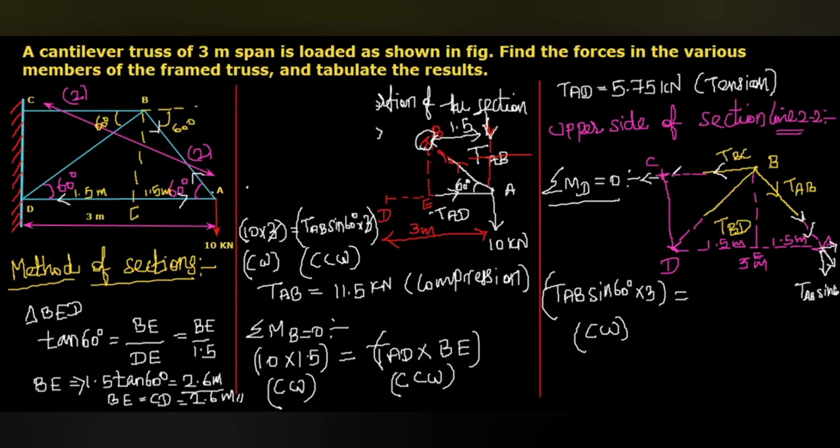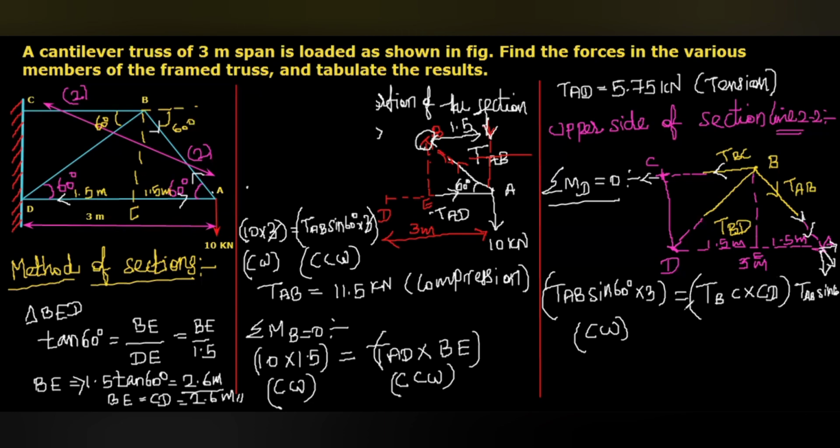It will act towards this direction from the point B, and hence through this point C also. So from the point C, if it acts like this, with respect to D, TBC multiplied with this distance CD will act in counterclockwise direction. So that equals TBC multiplied with CD.